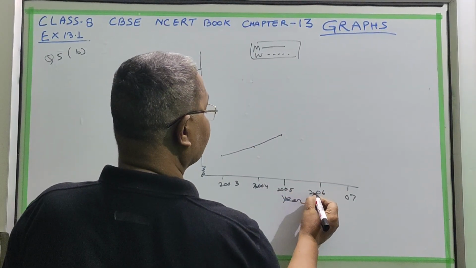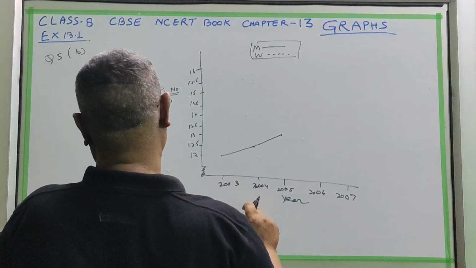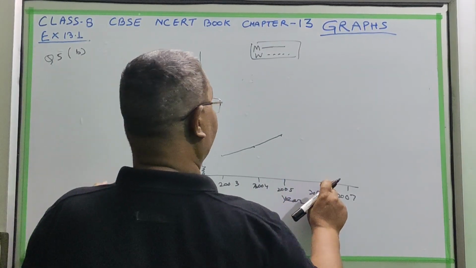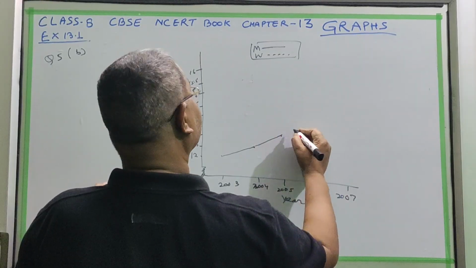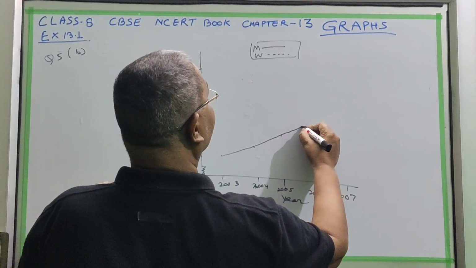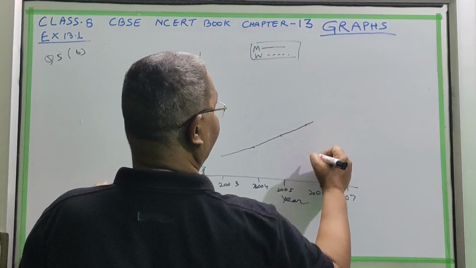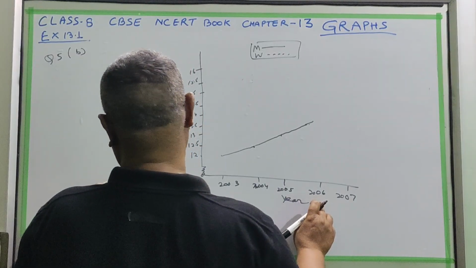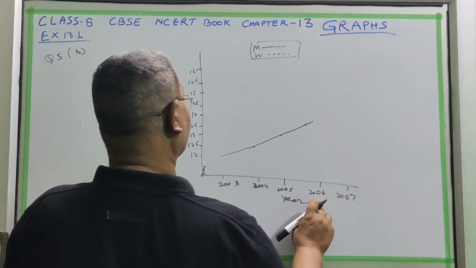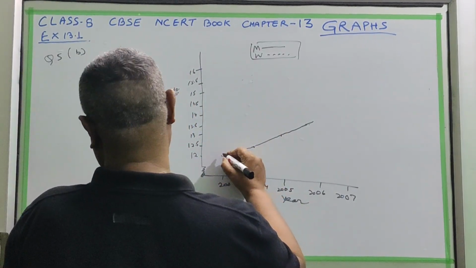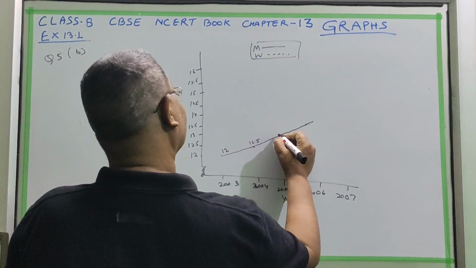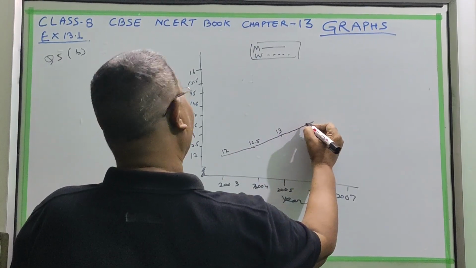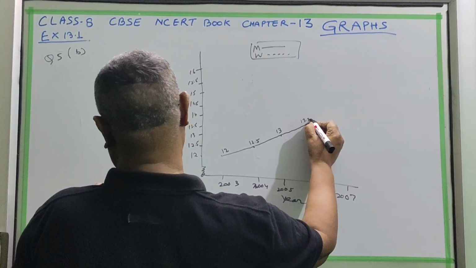In 2006 it is 13.2. So this is your 12, this is 12.5, this is your 13, and 13.2 is here.